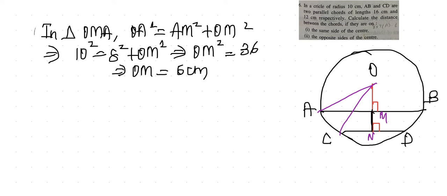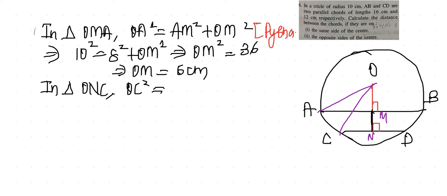Okay, and then I will be moving to the next triangle, that is in triangle ONC. OC square is equal to, and meanwhile, children, once in a while you will have to mention the reason that this is by Pythagoras theorem. OC square is equal to ON square plus CN square.